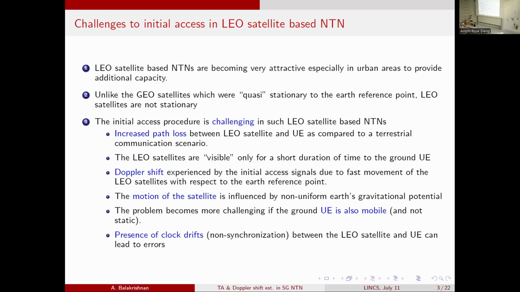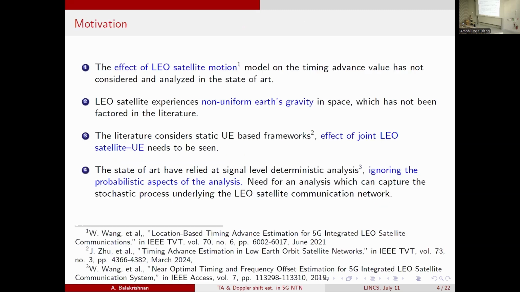The motion of the satellite is also influenced by the non-uniform potential of the Earth. And if the UE is also mobile, then the problem compounds. And we can have Doppler shifts in the satellite base station as well as the UE. And this may also lead to handshaking problems.